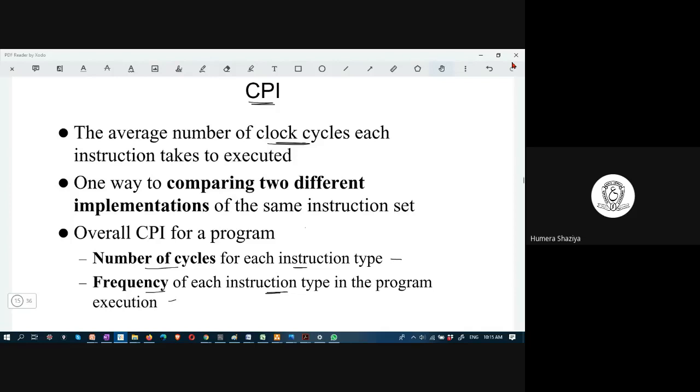We may have a memory instruction, register reference instruction, IO instruction. So for these different instructions, how many cycles are used, the number of cycles for each instruction type, and also the frequency for each instruction type in the program execution. How many times are memory reference instructions occurring? Frequency means the count, how many times it is occurring.